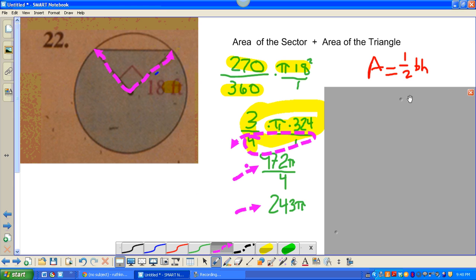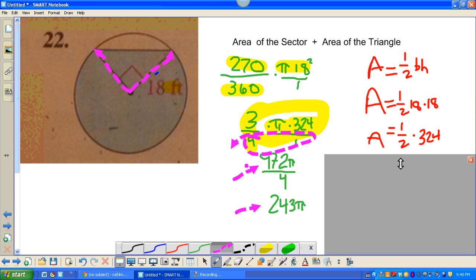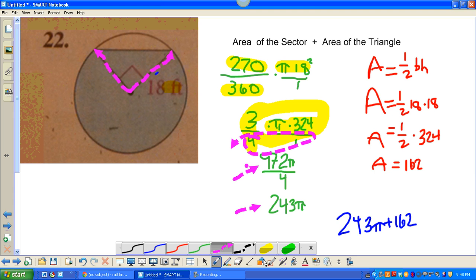So when I do my area is equal to 1/2 base times height, I have 1/2 of 18 times 18. 18 times 18 is 324. Half of that is 162. So my final answer is I'm going to take the area of the sector, which is 243 pi, plus the area of the triangle to get my final answer in terms of pi.